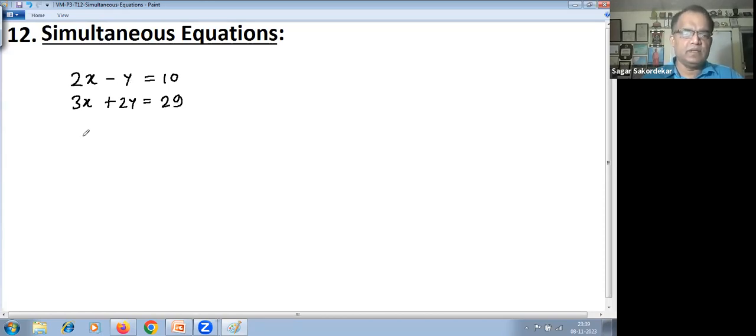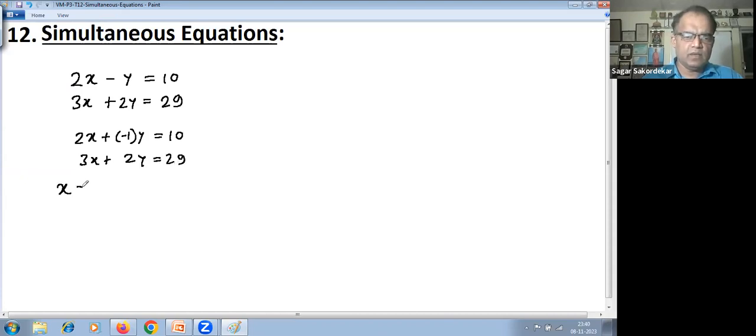Now here, instead of this equation, I'll write it like this: 2x plus minus 1y, so that it becomes easy to work with. And this is 3x plus 2y equal to 29.